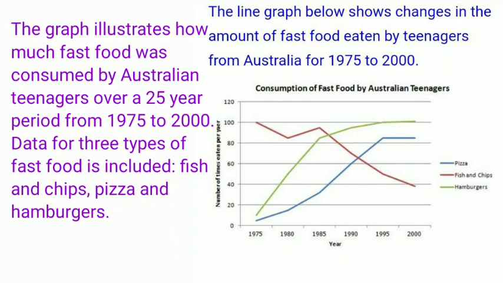Or for decrease you can write decreased, fell, declined, went down, dropped, followed a downward trend. As a noun you can write an increase, a rise, a growth, an incline, an upward trend. To show a decrease, the nouns that you can use are a decrease, a fall, a decline, a drop.